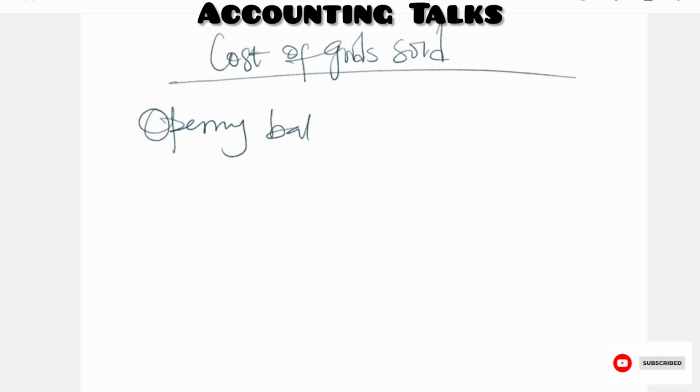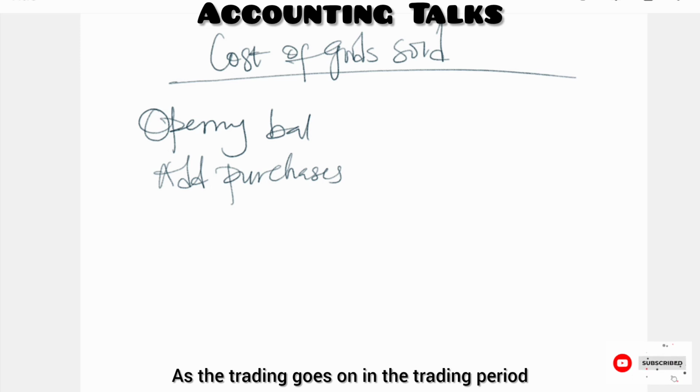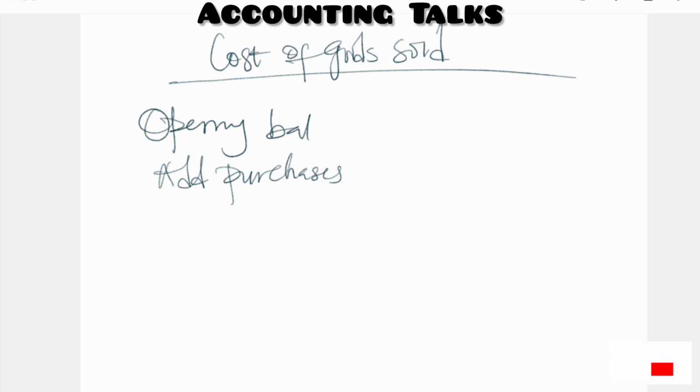So once you know what your opening balance is, the next is to add your purchases. As the trading goes on in the trading period, a time will come when you have to restock and make some new purchases. And this is what these purchases are.